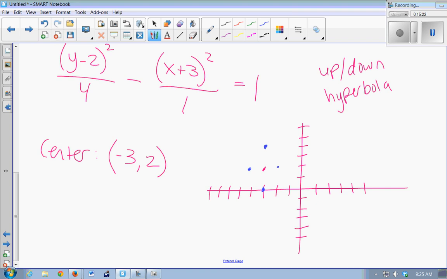I actually make a box with them, where I box in my center. Box in the center of the hyperbola. And then you connect the corners of the box to create your asymptotes.